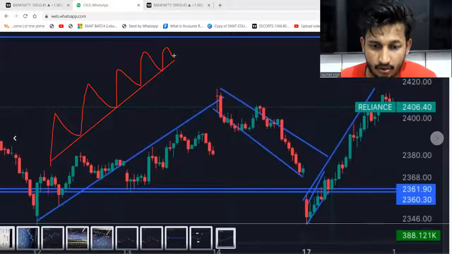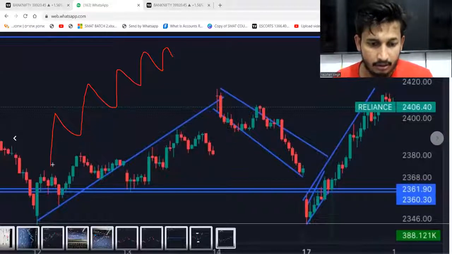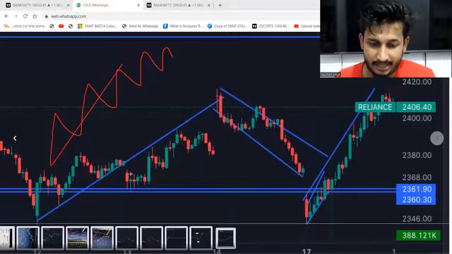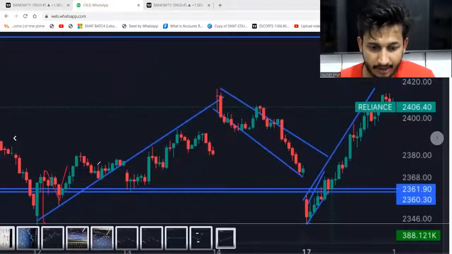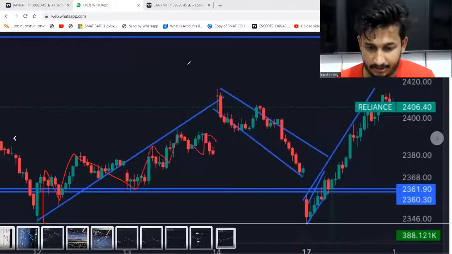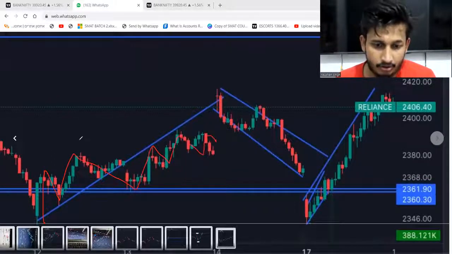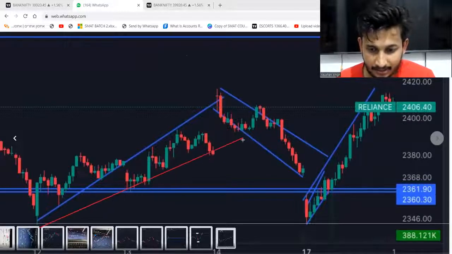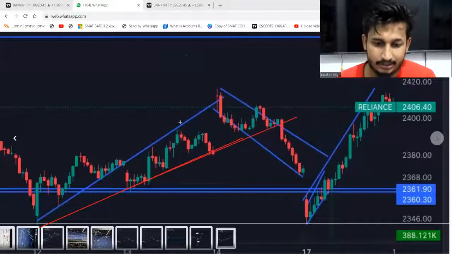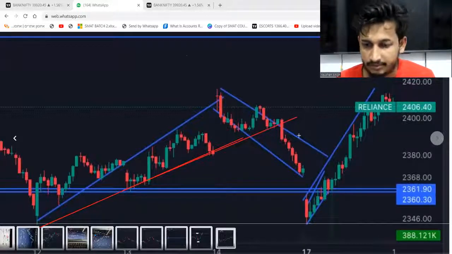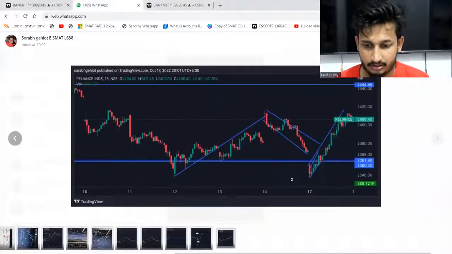It cannot go like this. What you have done is, the market went up like this, so we should draw like this. This one is fine. No worries, you will get perfect with practice.